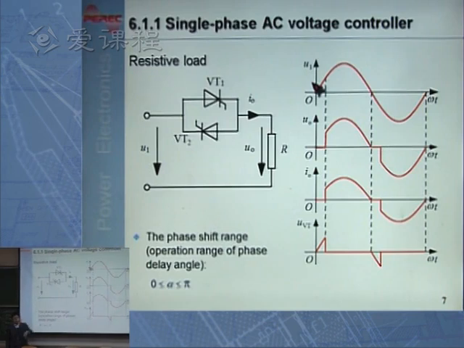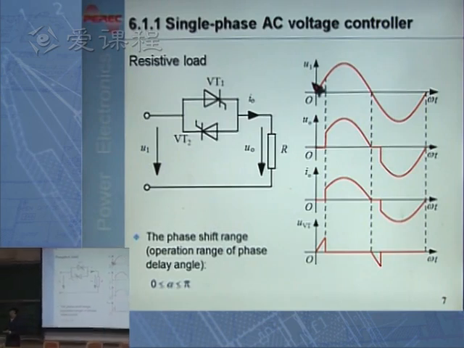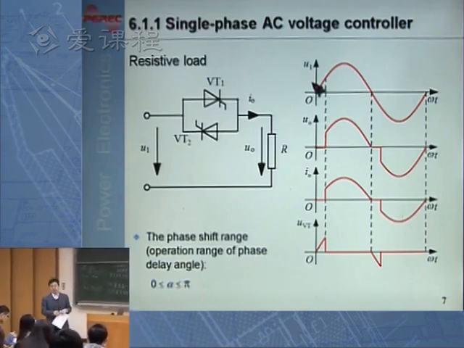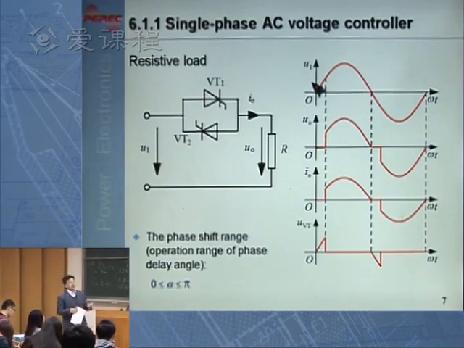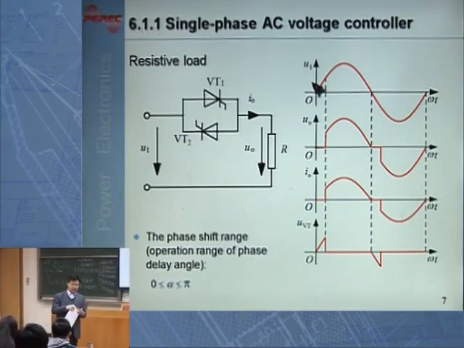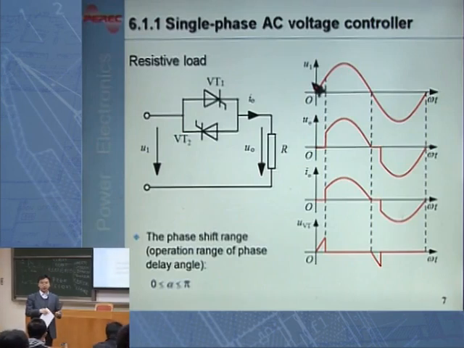So very simple. This is even simpler than in the previous chapter when we talked about DC to DC converters. We mentioned that we have some basic DC to DC converters. We have buck, boost. Those are very simple.